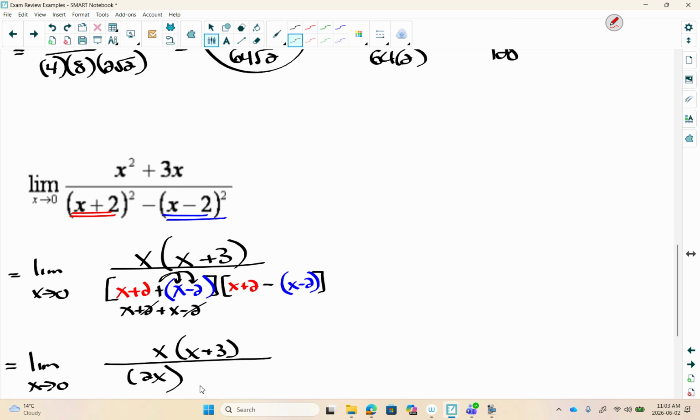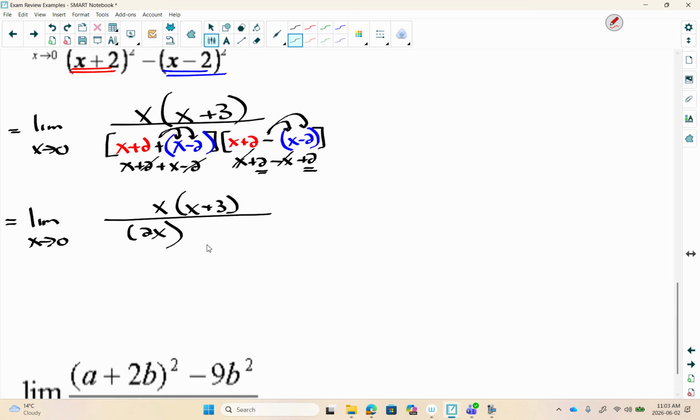Fair? If I distribute the negative, this would be x plus 2. This would become minus x plus 2. The x's go away this time. What's 2 plus 2? And that gets multiplied by the 2x.